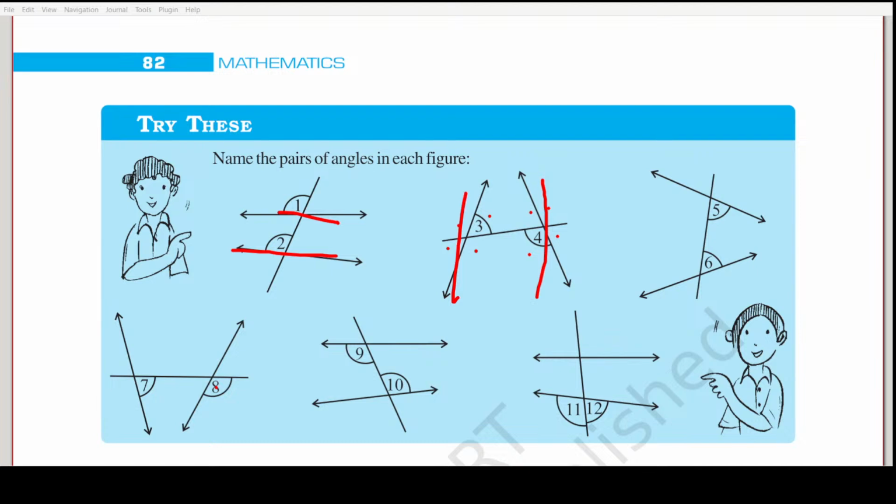Now beyond that, I'll give you this exercise also. Lines of symmetry.